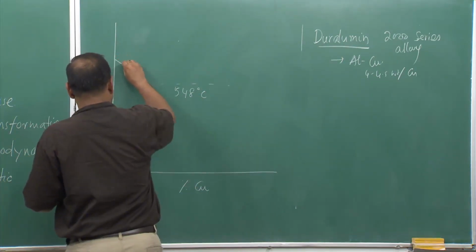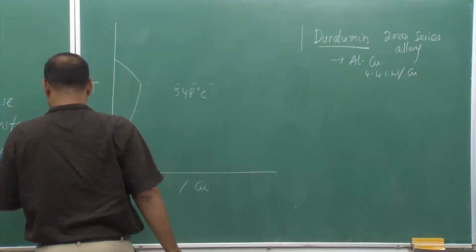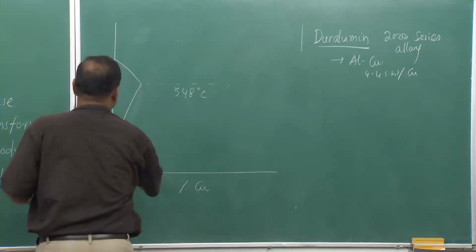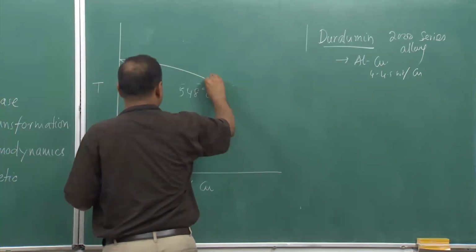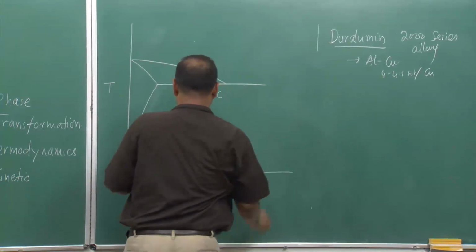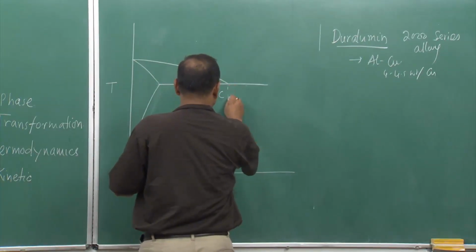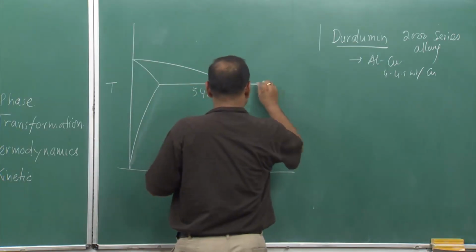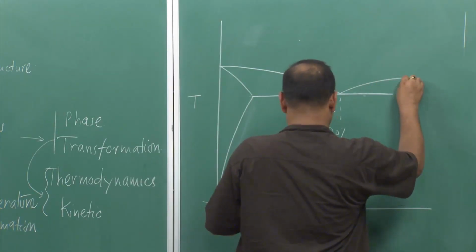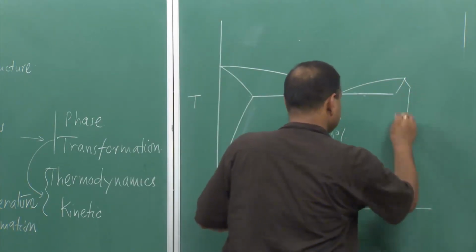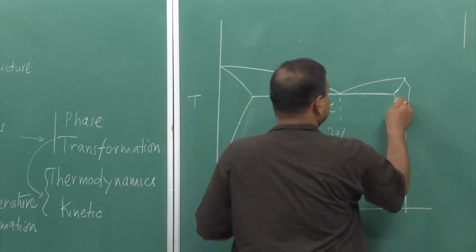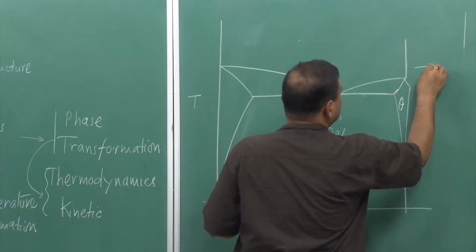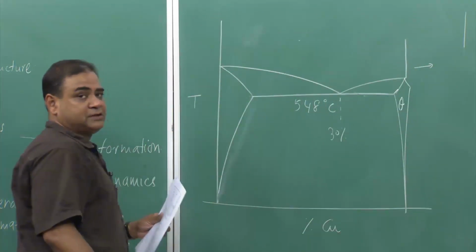Now, here we have this kind of situation, a terminal solid solubility, and we have a eutectic system, and this is almost close to 30 copper, and then this is the theta phase, and the rest of the part I am not drawing, because this part would be important for us.